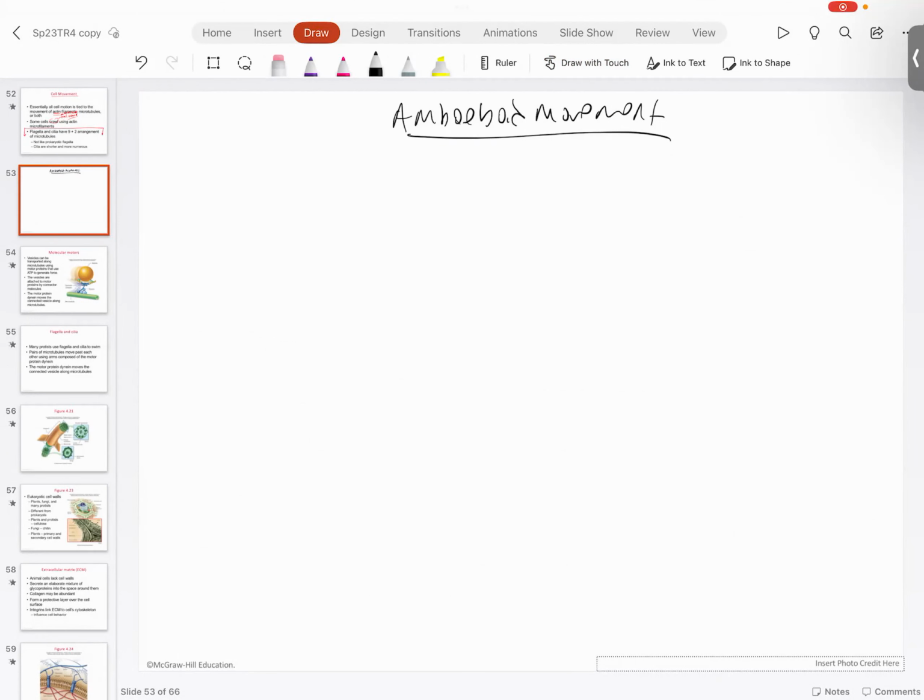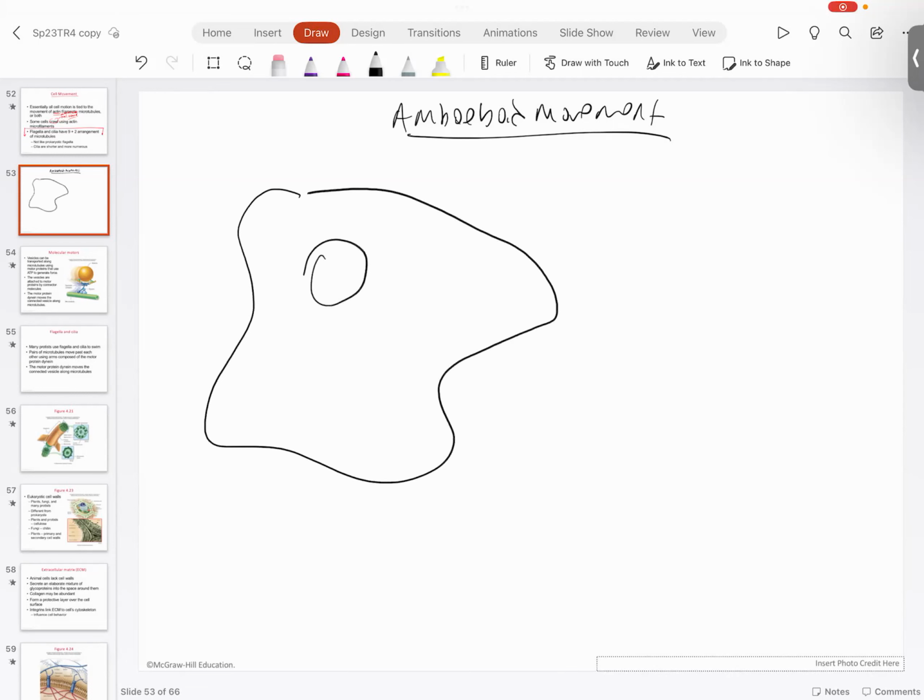So let's imagine we have an amoeba. So there's our nucleus. Now, one of the things you need to understand is that just underneath the surface of the membrane is a lattice work, like a scaffold of actin, like an actin network. And this is called cortical actin.